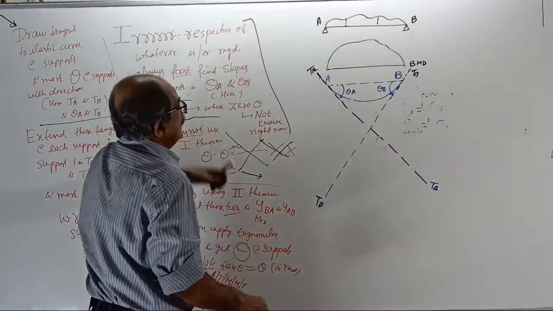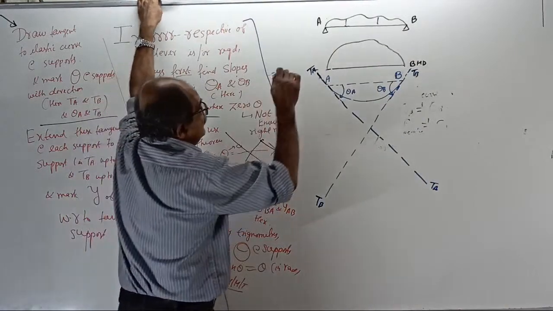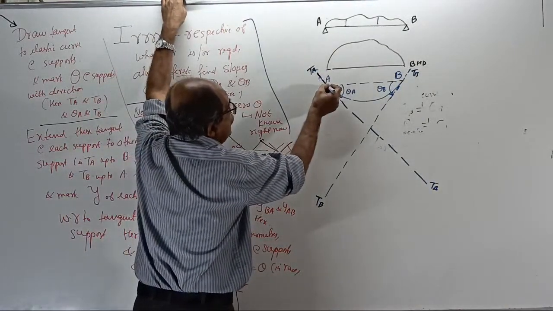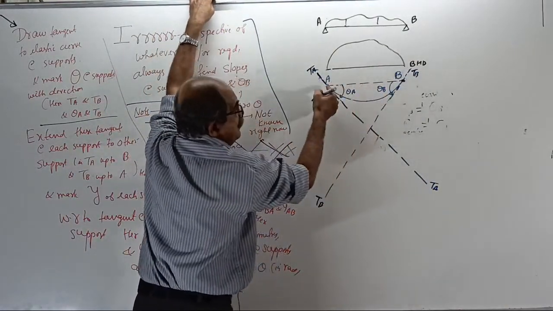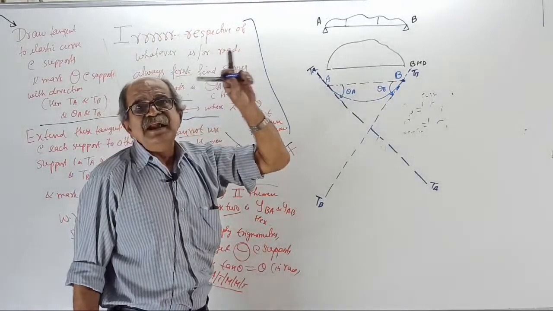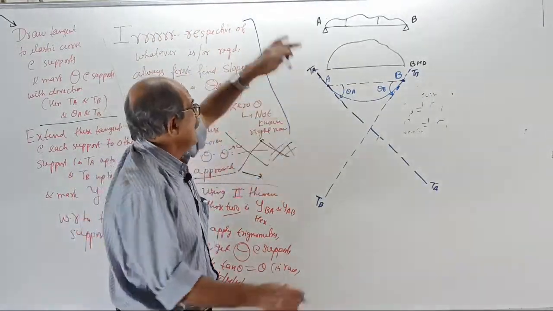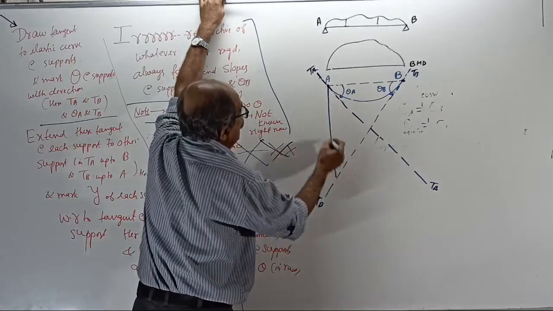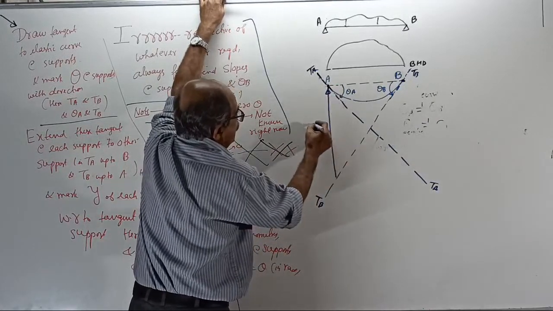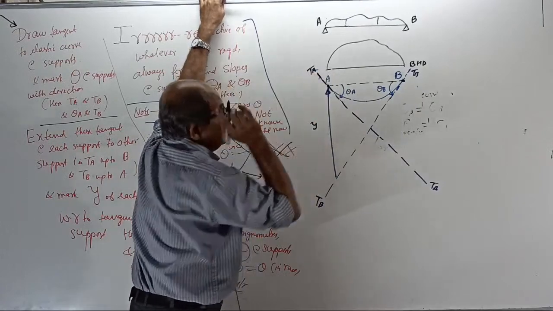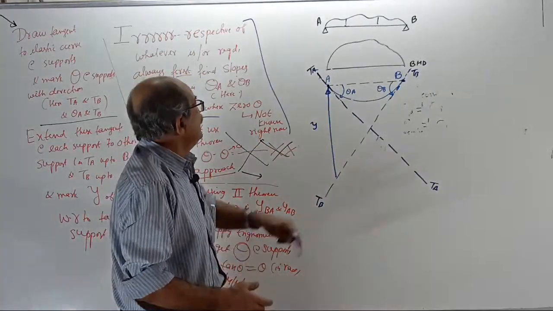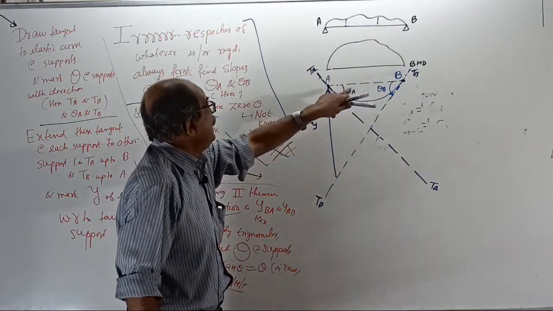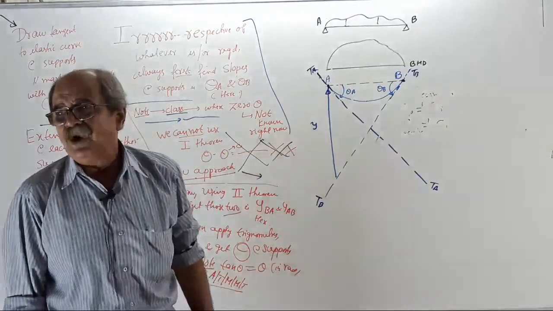Okay, now, then mark displacement of each support with respect to tangent at the other support. See, tell me, what is this one? Displacement of which point? Tell me first. Is it YAB or YBA? Very, very important.